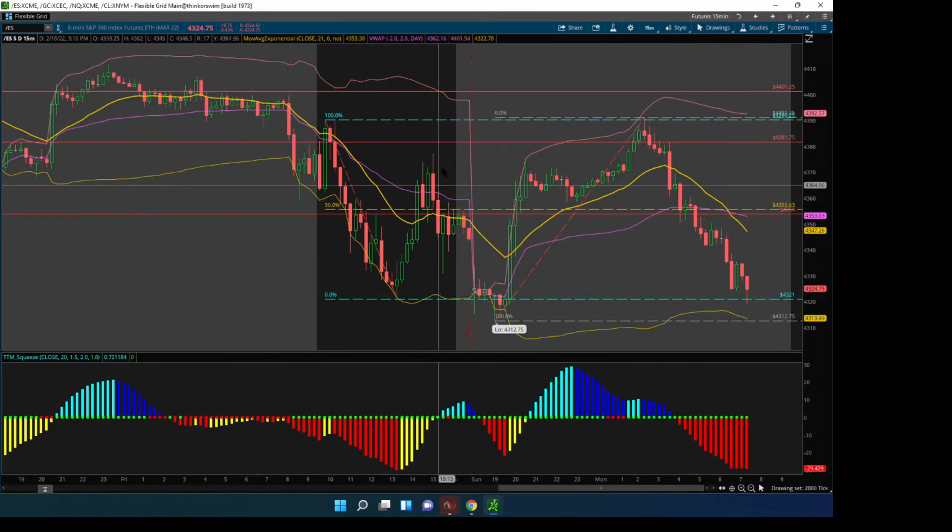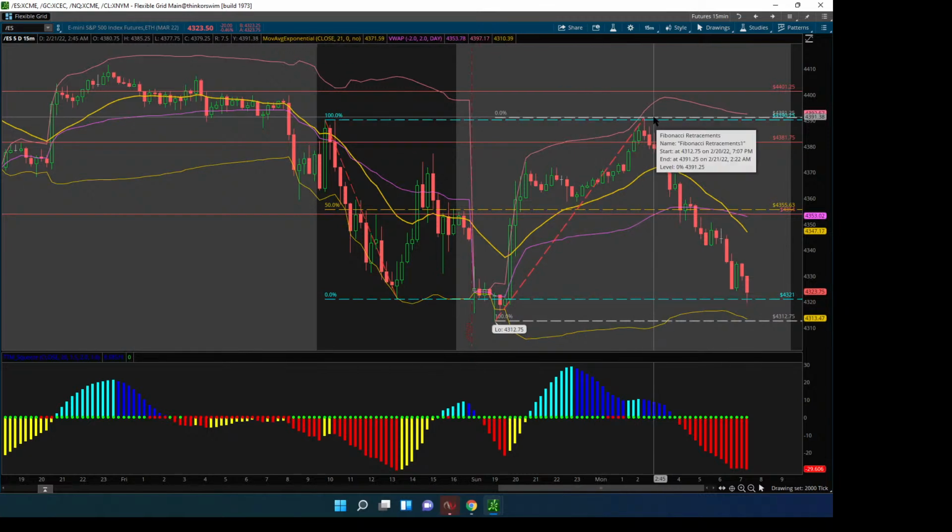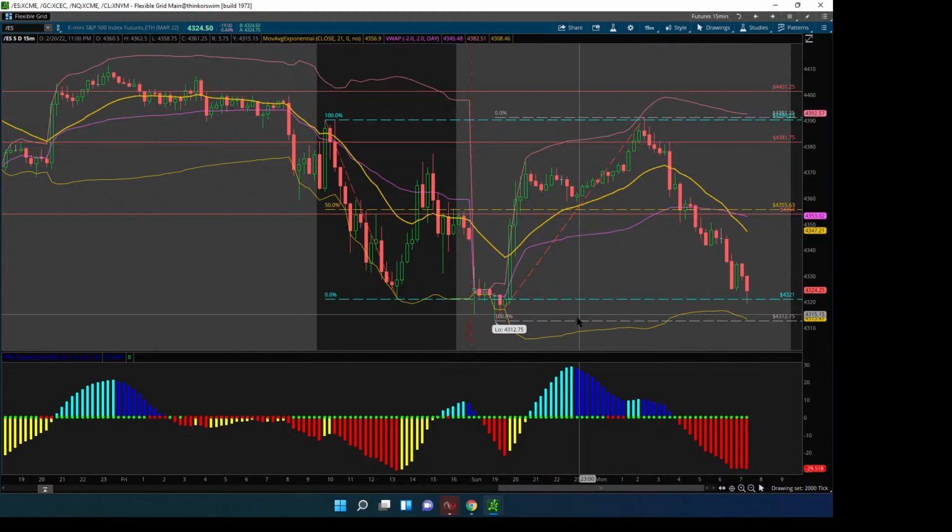Okay, so then overnight I have the overnight high, which is that white dotted or dashed line right there, and the overnight low. So you see the overnight low here. It's at 43.1275.